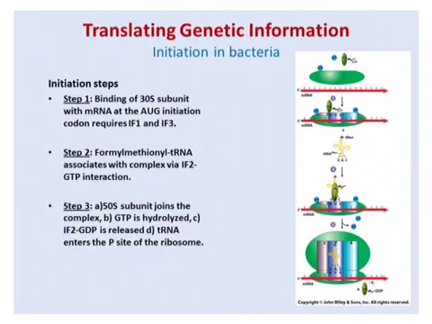So initiation in bacterial translation is thought to involve the following steps. The first step, binding of the 30S subunit with mRNA at the AUG codon, requires what are called initiation factors 1 and 3. So you can see in this diagram the smaller subunit binding to the mRNA and specifically binding at where the AUG start is.